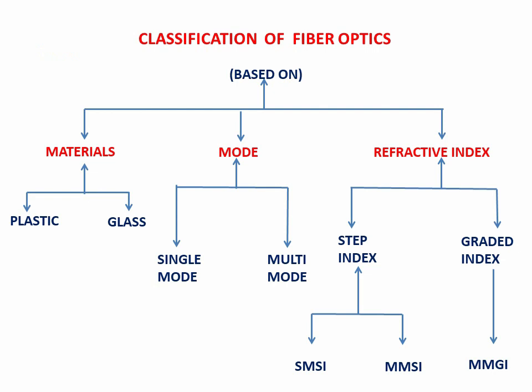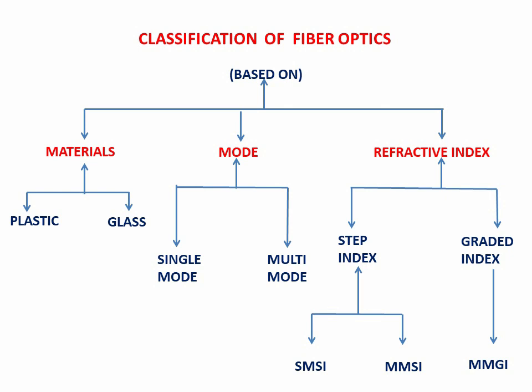Classification of fiber optics. Fiber optic cable is classified into three types based on materials, mode, and refractive index. Materials can be classified into two, that is plastic fiber and glass fiber.